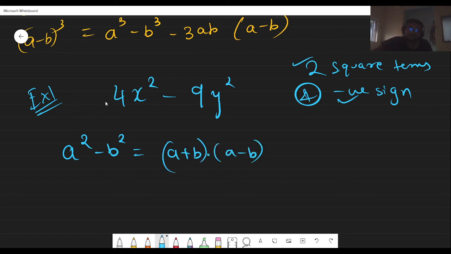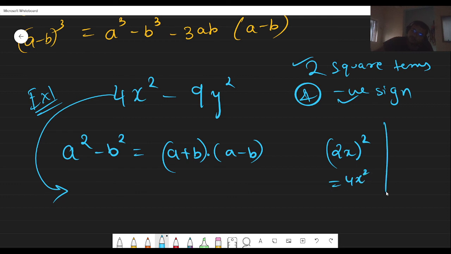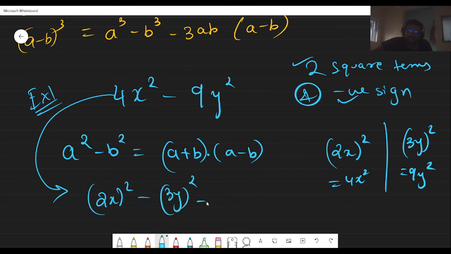Here the question leads us to see whose square is 4x square. Can I write (2x) whole square as 4x square, right? And (3y) whole square as 9y square. So I can write this as (2x) whole square minus (3y) whole square. Now see, it is a square minus b square.